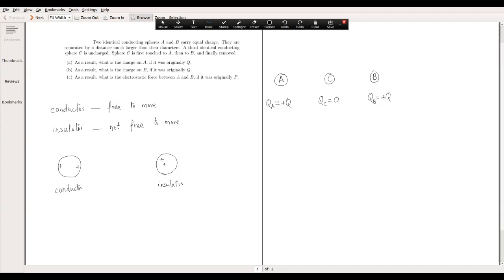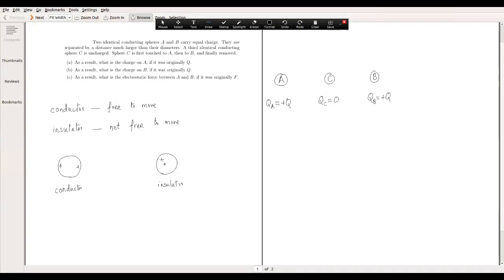So if I have another charge here, it could affect the two positive charges and try to move them the other way. Basically what we are saying when they're far away is that the presence of C is not disturbing the configuration of charges on A and B. That's the idea of saying that they are far away from each other.